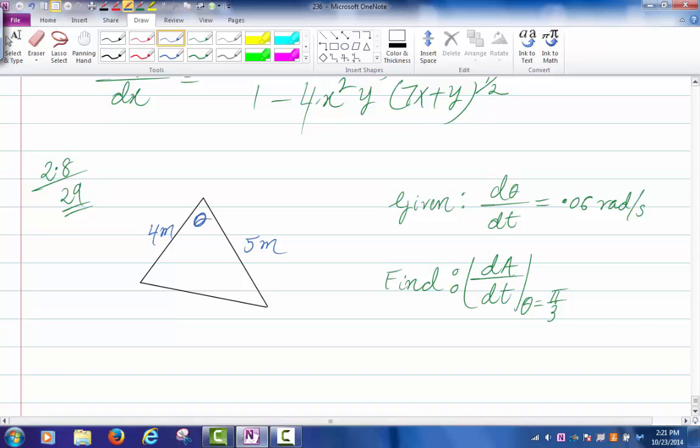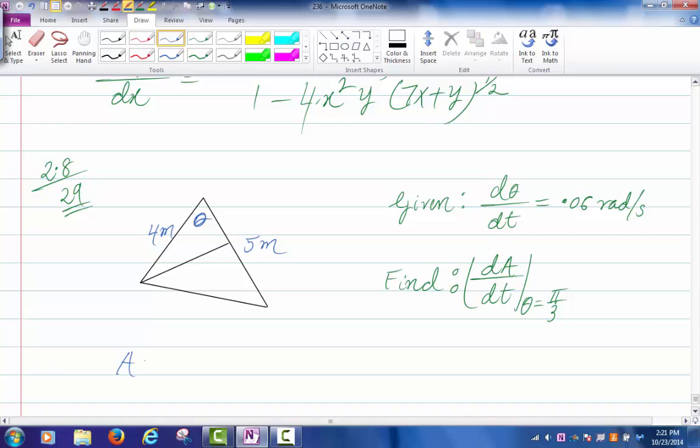Let's do the following. Let's make a vertical line here. If that's the vertical line, then what's the area of this triangle?